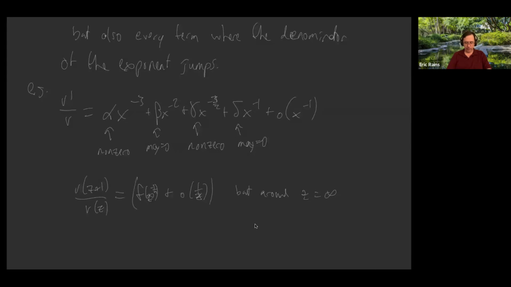And there's also this slightly annoying thing: there can be an overall power of z. But basically, you're left with a very similar thing where, instead of the logarithmic derivative, you're specifying the logarithmic difference. And again, the important information is where the jumps in the denominators happen.